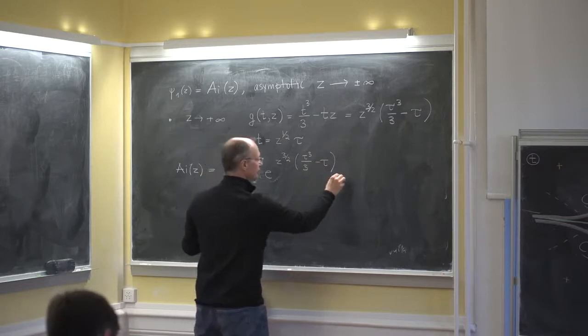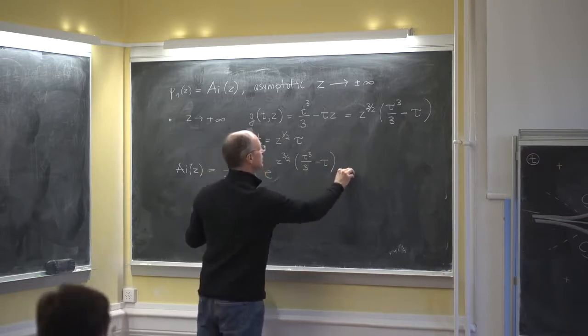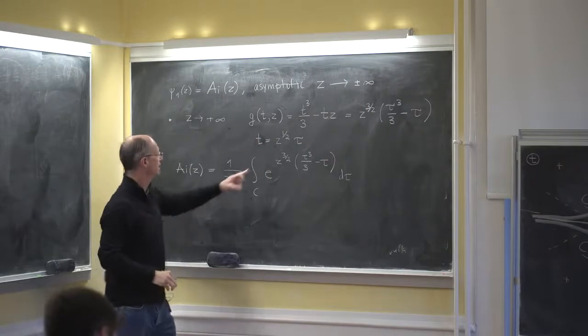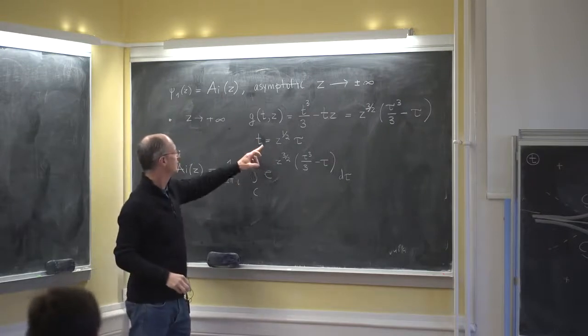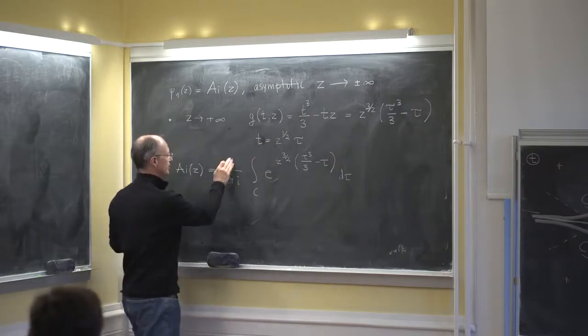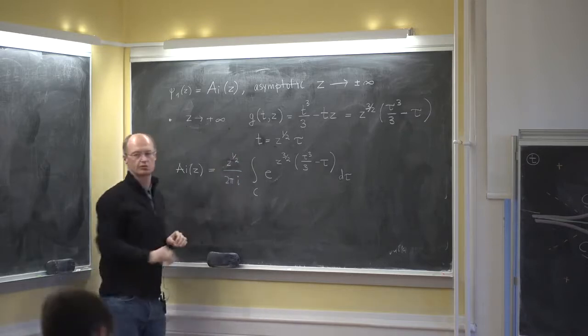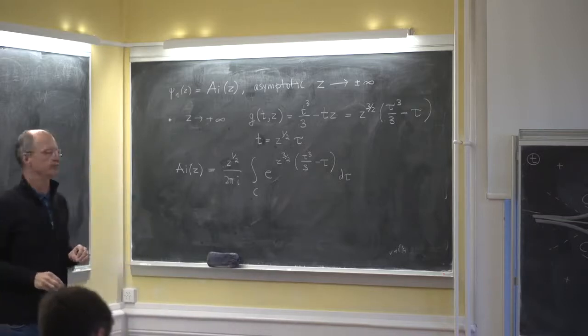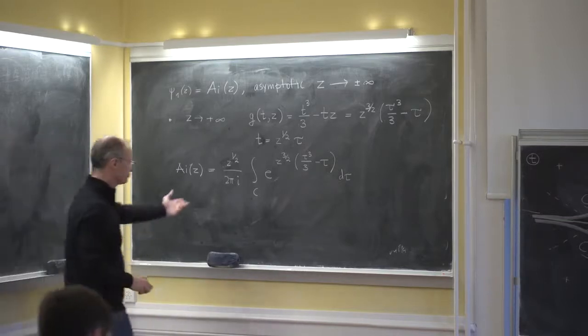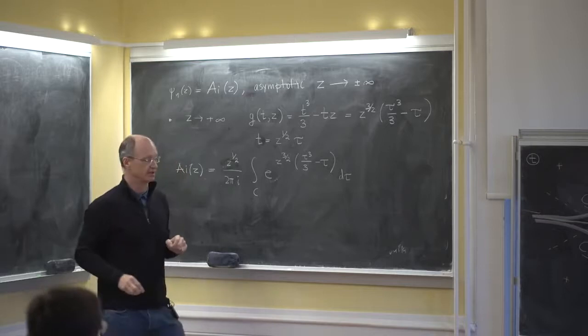And here will be d tau, and I still need to make a change of variables. So here will be, I think, z to the power 1/2 from the change of variables. Right, so that's a new expression that I want to study.